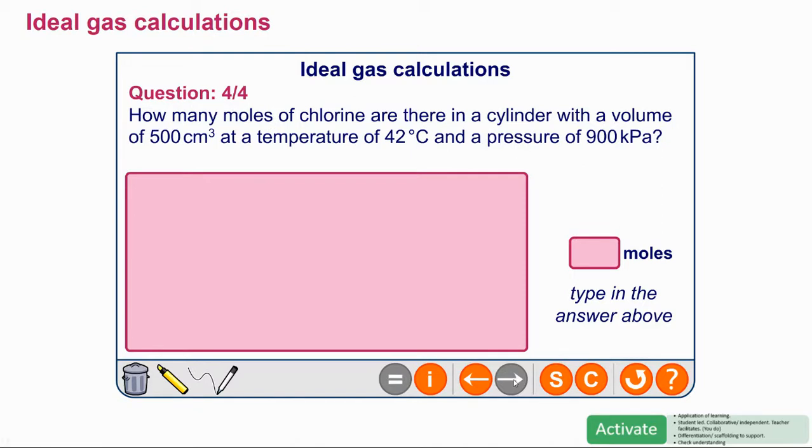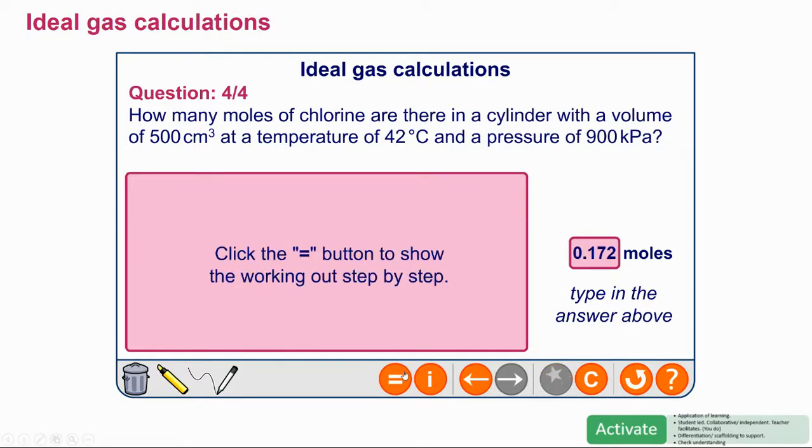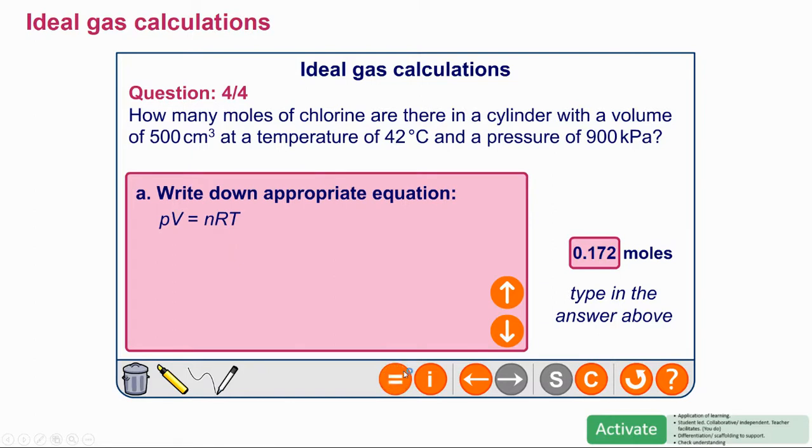Next, we want to know how many moles of gas are in this cylinder with a certain volume, at a certain temperature, and a certain pressure. Some issues here because we've got volume in centimeters cubed, which is no good to us, and we've got temperature in degrees C, which is no good to us. So, the first thing we always do: write down the formula. And this is the correct form for this solution.